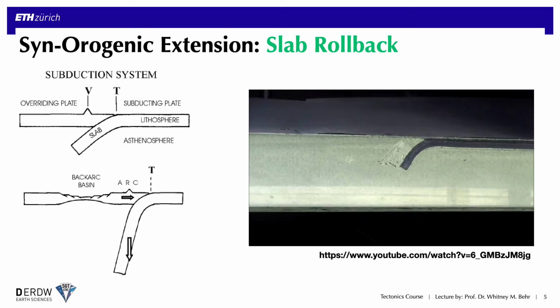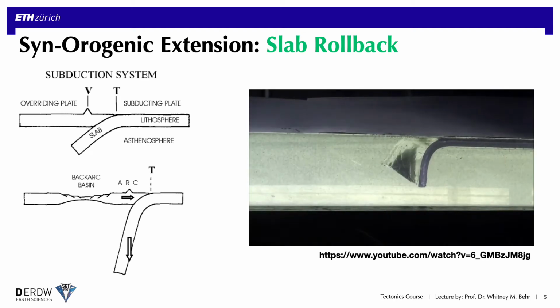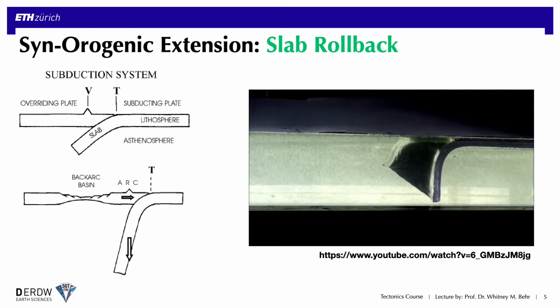So one hypothesis for what causes back arc extension is the process of slab rollback, which is a natural consequence of slab sinking or slab pull. Here's a video of an analog model showing the slab rollback process.